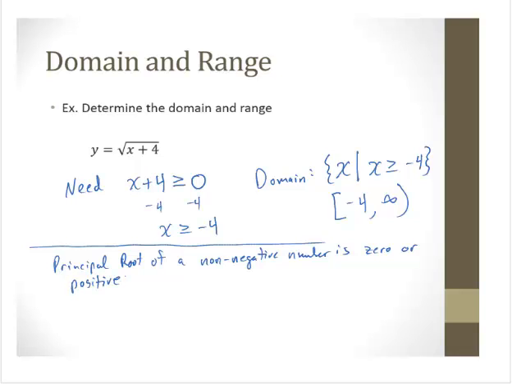So what that's telling me is the range, the output, is 0 or positive. So the range I can write as the set of values y such that y is greater than or equal to 0. And I can write that in interval notation as bracket 0, comma, infinity.